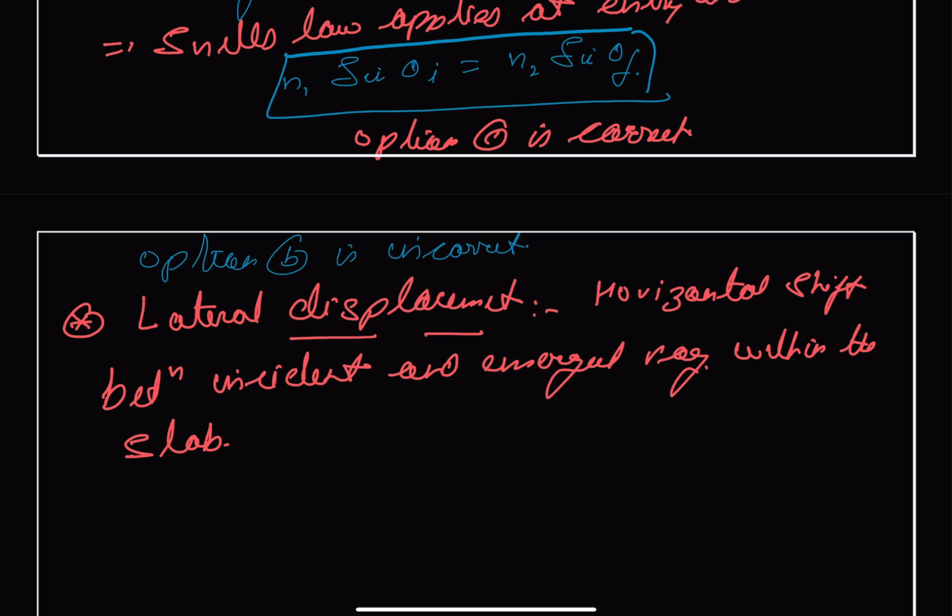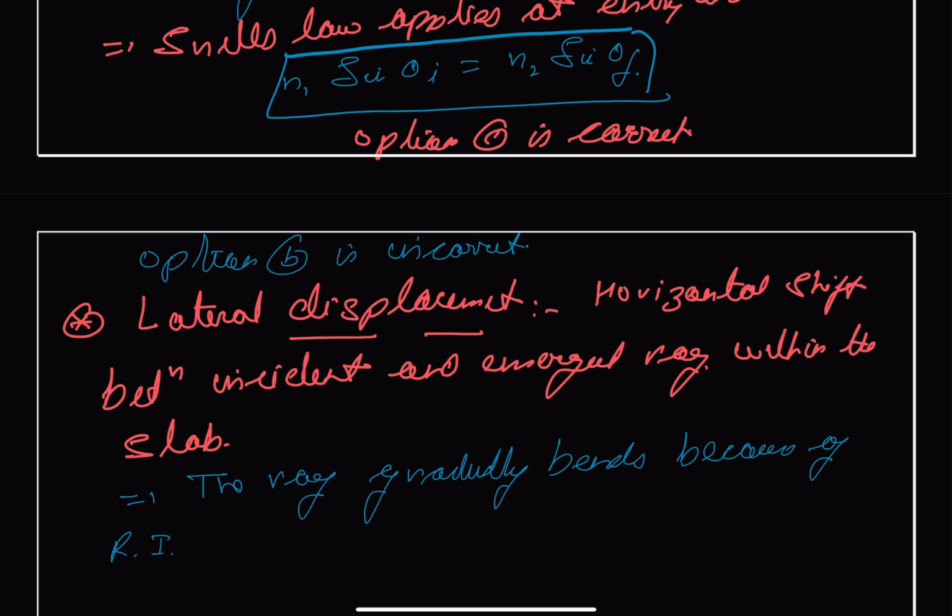So we can see from here that because of the basic definition of lateral displacement, the ray gradually bends because of the refractive index of the slab.